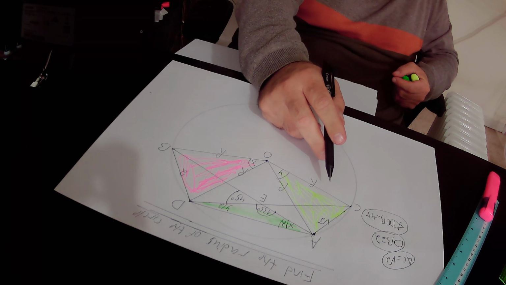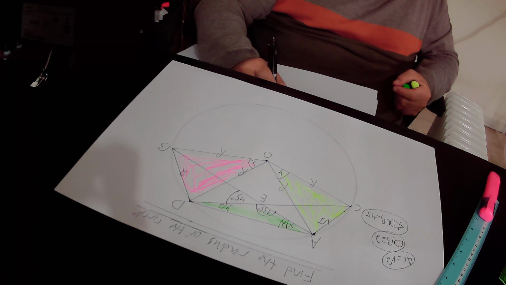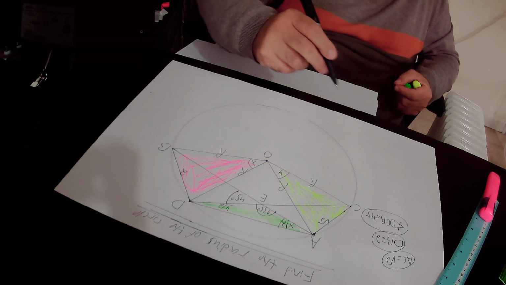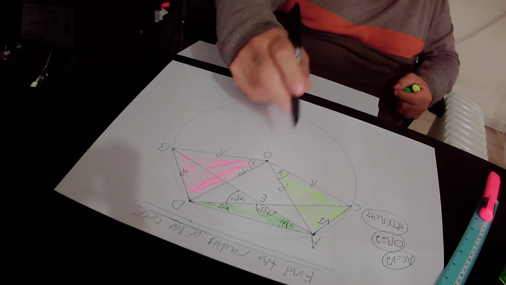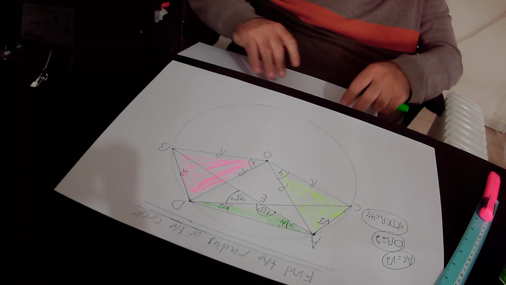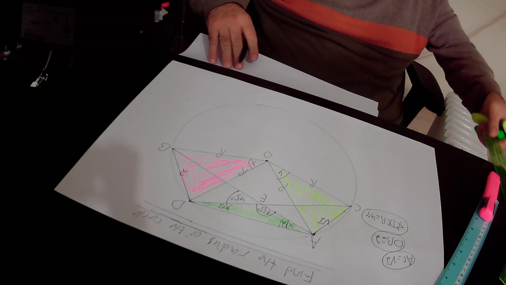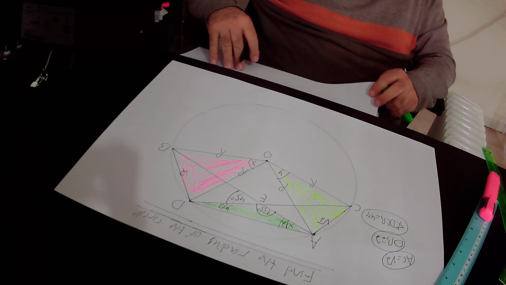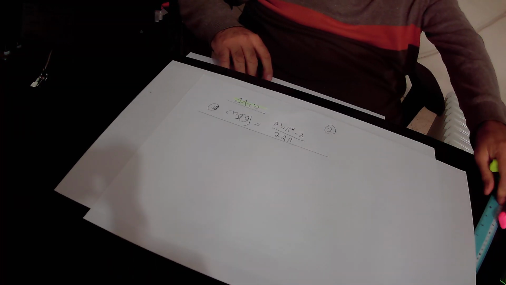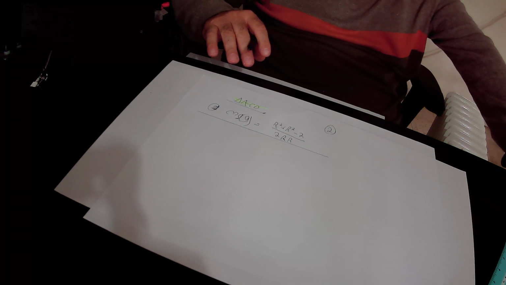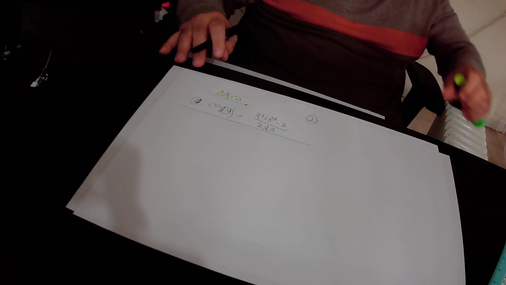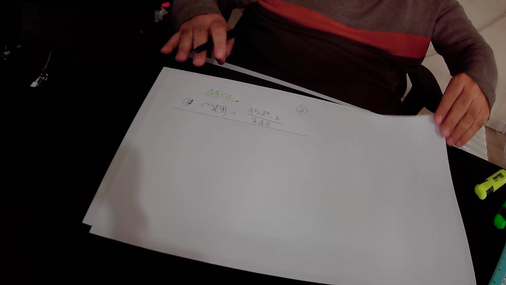Square root of 2 squared is 2. So cosine y equals r squared plus r squared minus 2 over 2 times r times r.